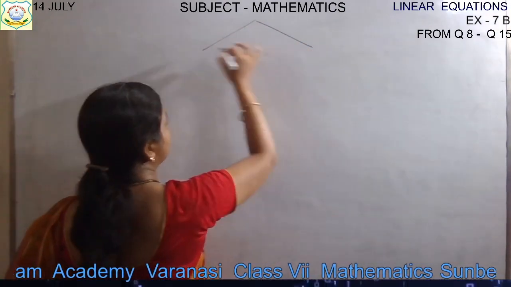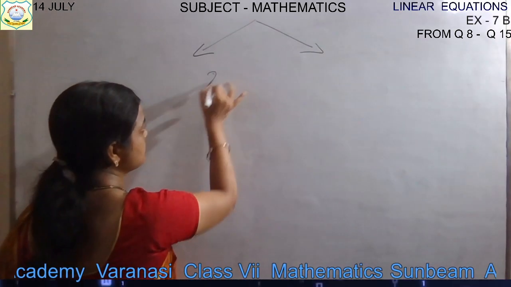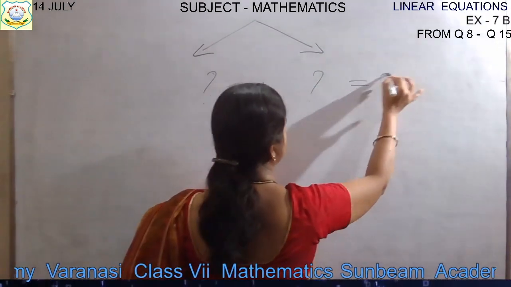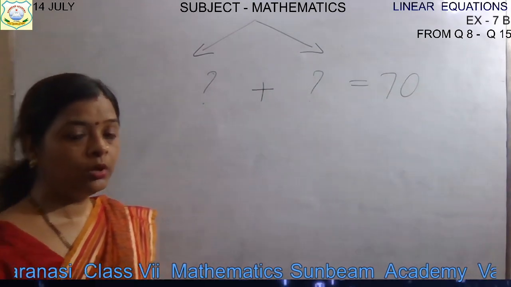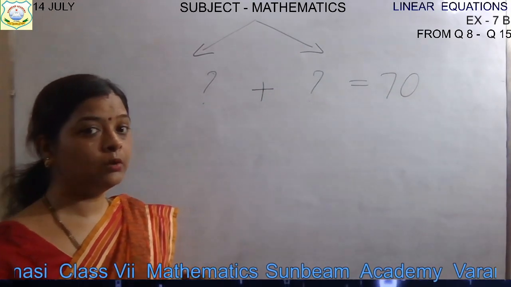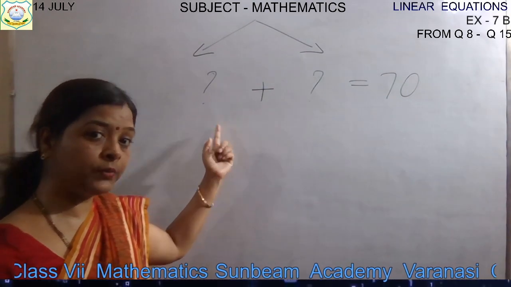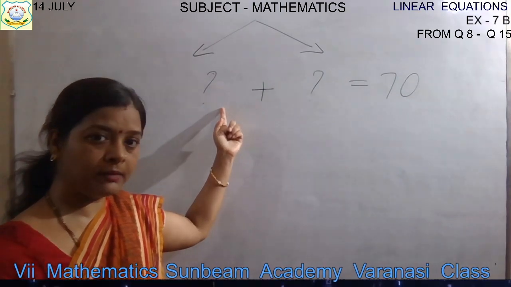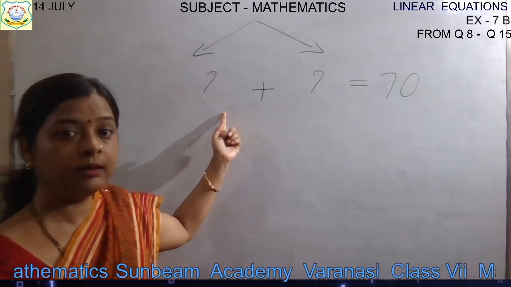We don't know those numbers, and their addition is 70. This is the question. We know about one number, that it is 2 by 5 times the other number. So can we relate? Yes, we can relate.